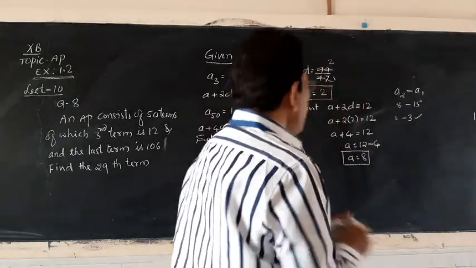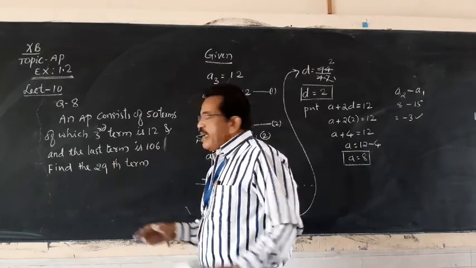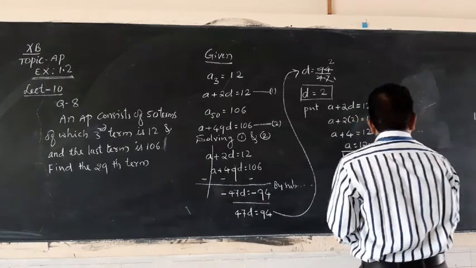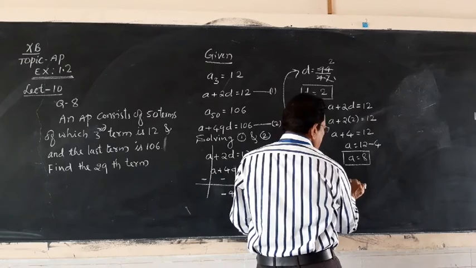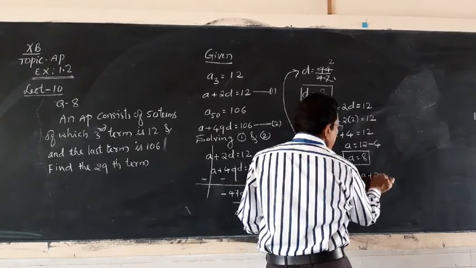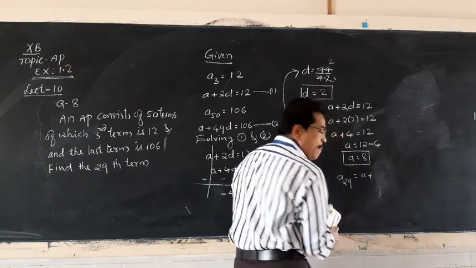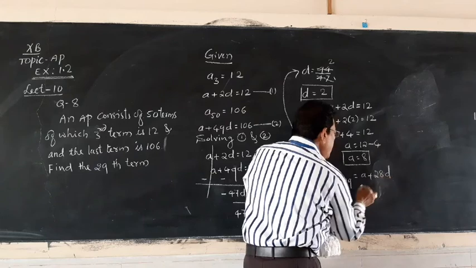See, the question is to find the 29th term. A29 equals A plus 28D.